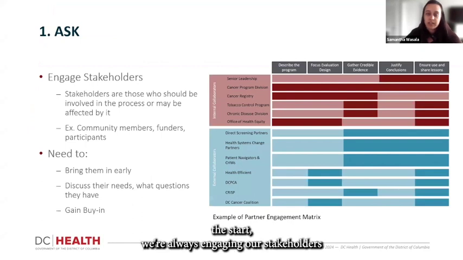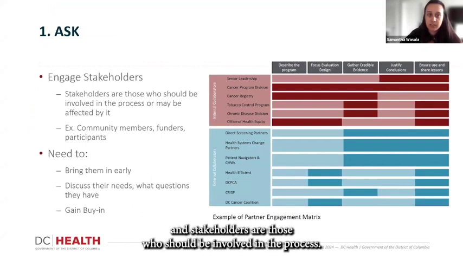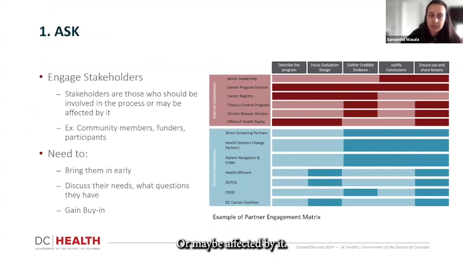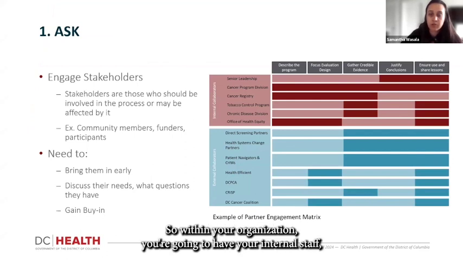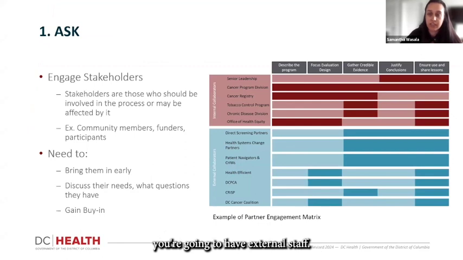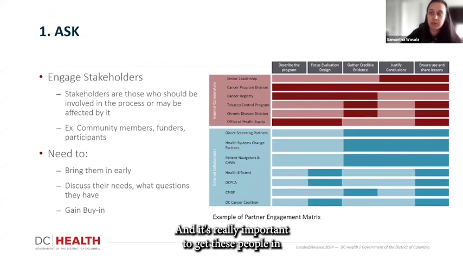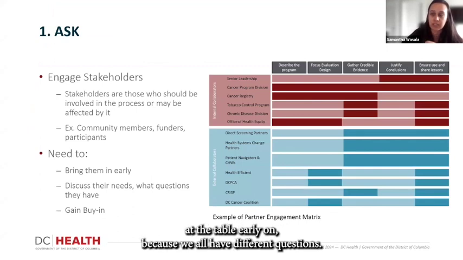So at the start, we're always engaging our stakeholders, and stakeholders are those who should be involved in the process or may be affected by it. So within your organization, you're going to have your internal staff, you're going to have external staff, and it's really important to get these people in at the table early on because we all have different questions. We all are involved in programs in different ways.